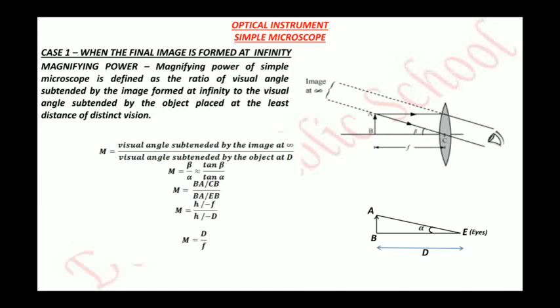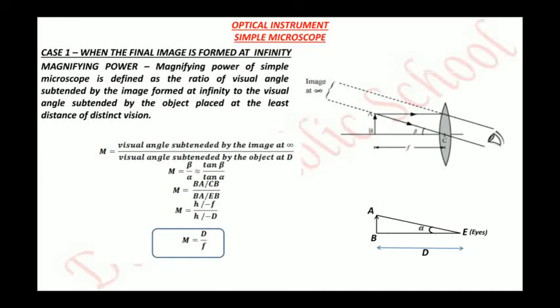The minus sign is there because we are moving leftward. BA, that is h, upon EB, which is minus D at the least distance of distinct vision. h and h will cancel out, and the minus signs will cancel out. We have M is equal to D upon f, and this is our formula for when the image is at infinity.